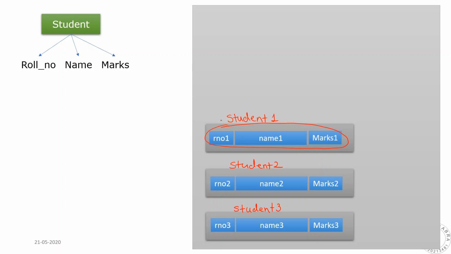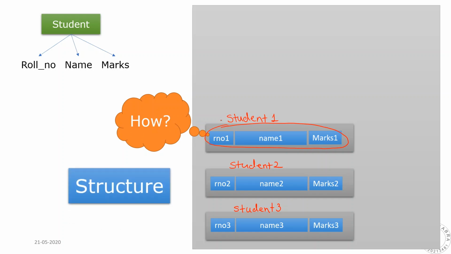But the question is how we can bundle these 3 properties in a single variable to store 3 data items of different types. Solution is structure.